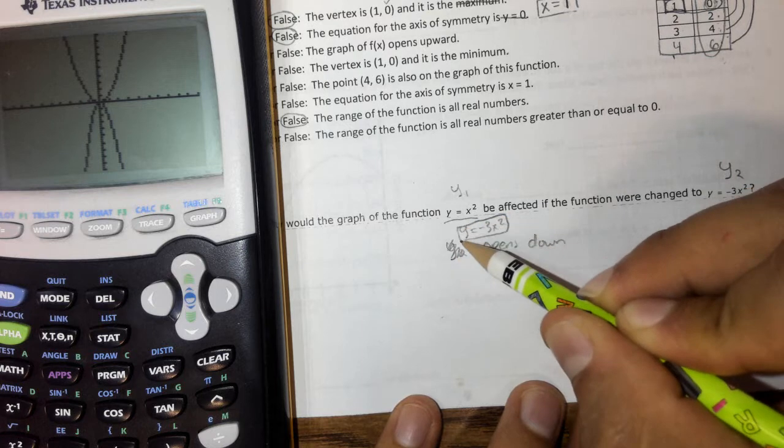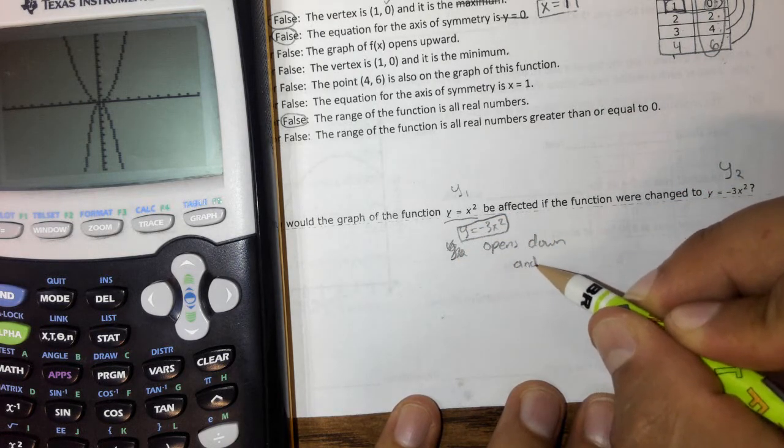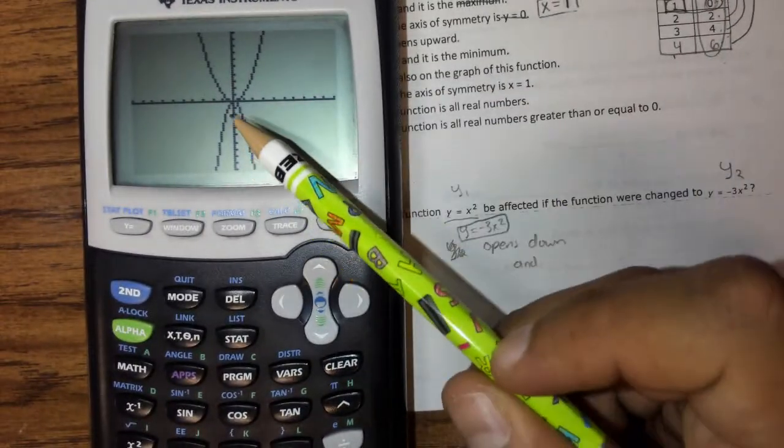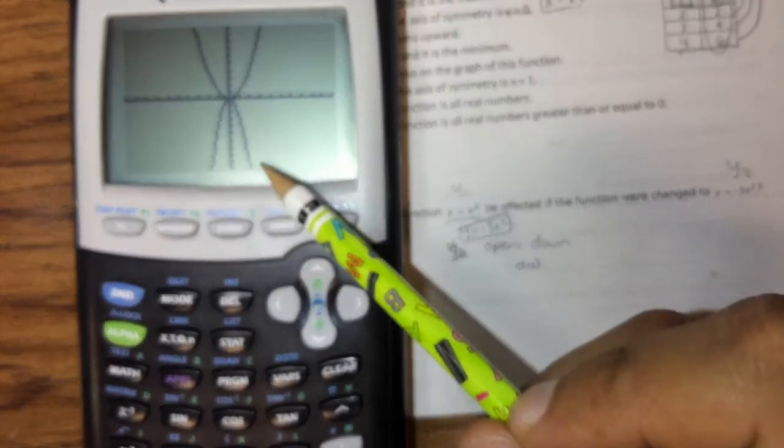So this equation opens down, and again, if I look carefully, you can see that it's not the exact same shape. So this one looks a little bit wider, so we start pretty wide. If that just flipped and rotated, it should be just as wide, and it's not.